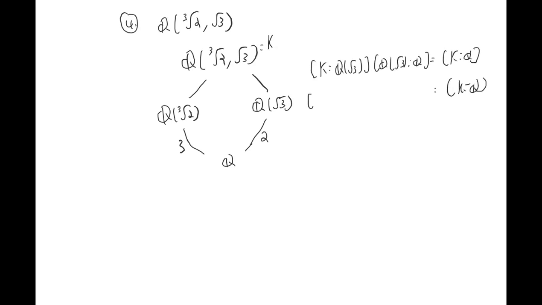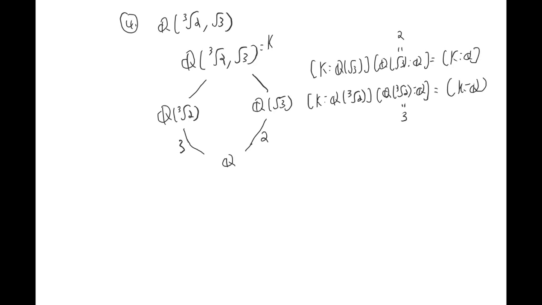It's also K over Q(∛2) and Q(∛2) over Q. And you told me that this is 2 and this is 3.